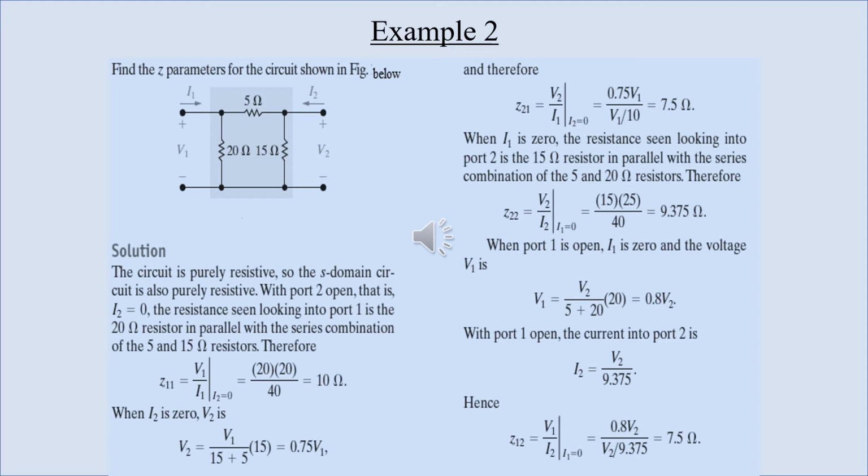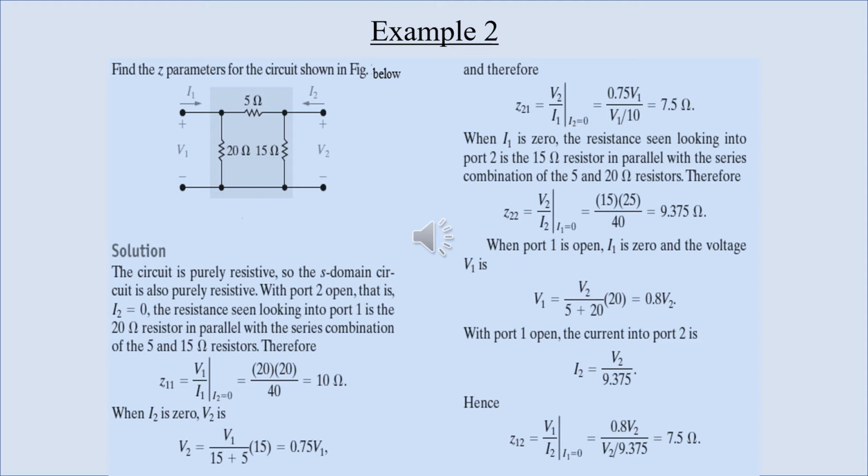And so that will give us V2 equal to 0.75 V1. We remember we already calculated our V1 to be 10 I1. So 0.75 multiplied by our 10 I1 will give us V2 to be 7.5 I1.